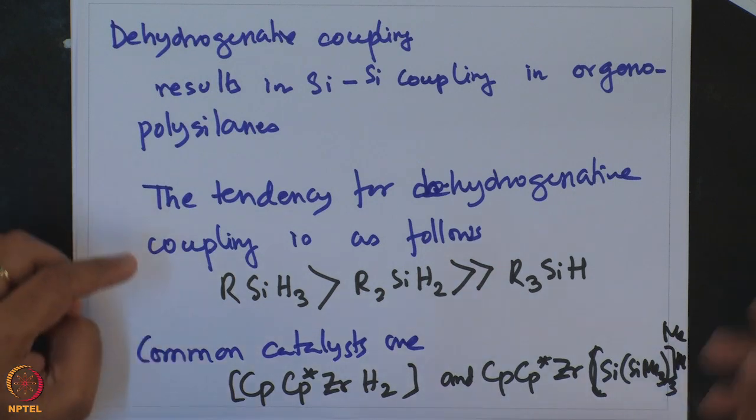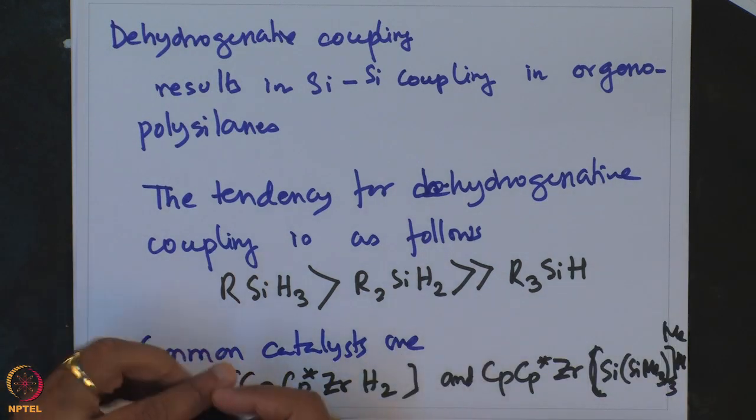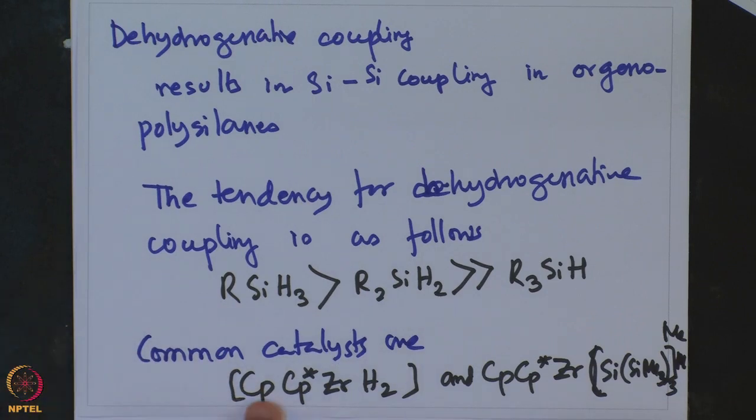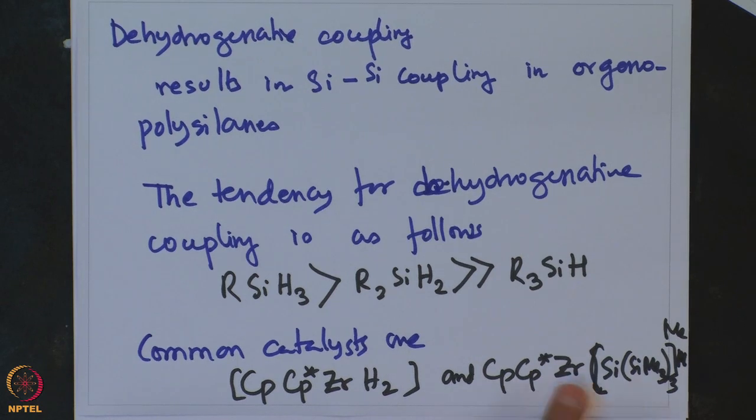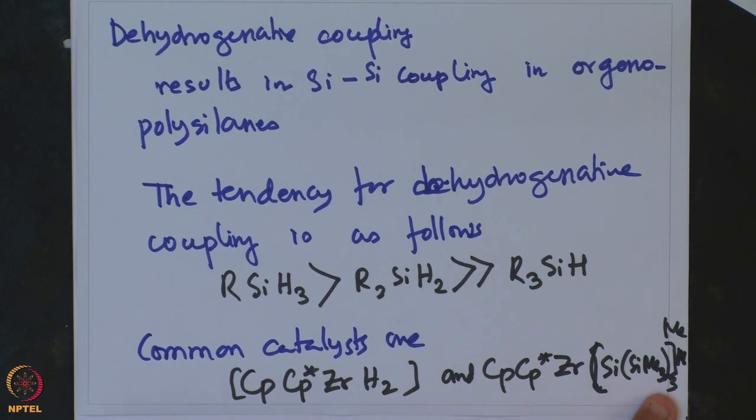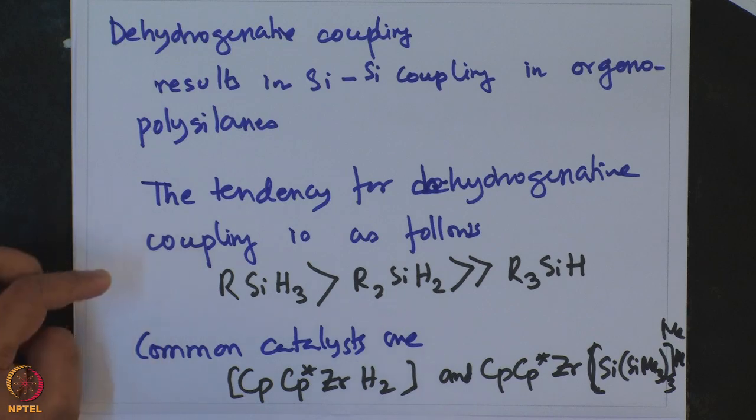So, these are very common, unusual types of complexes. One is Cp Cp* zirconium dihydride, and the other is Cp Cp* zirconium Si(Me3)3 methyl. They are used for dehydrogenative coupling, and we are going to take a look at the mechanism for this dehydrogenative coupling, and the active species for these complexes are metal hydrides.